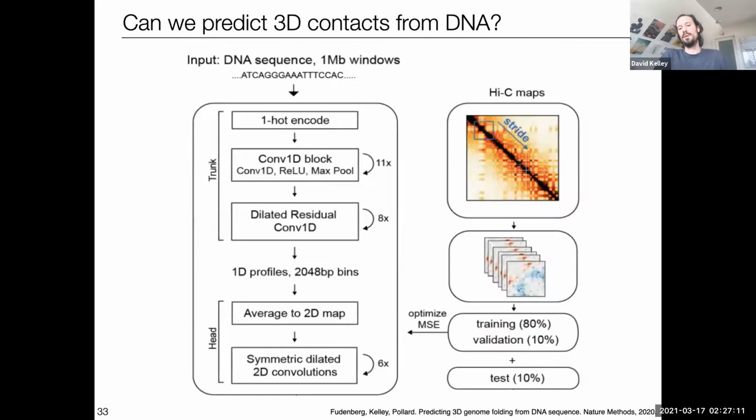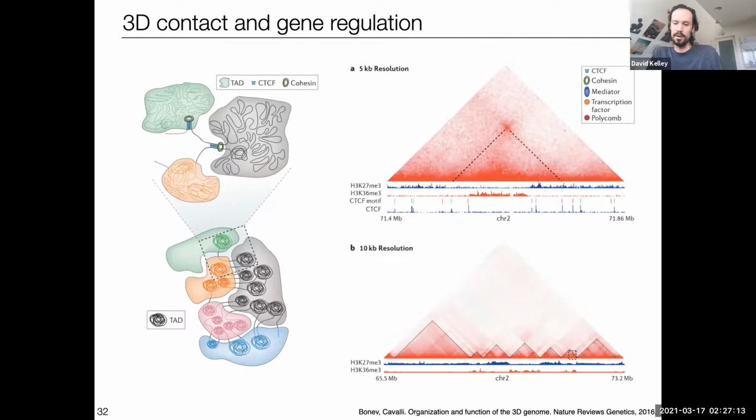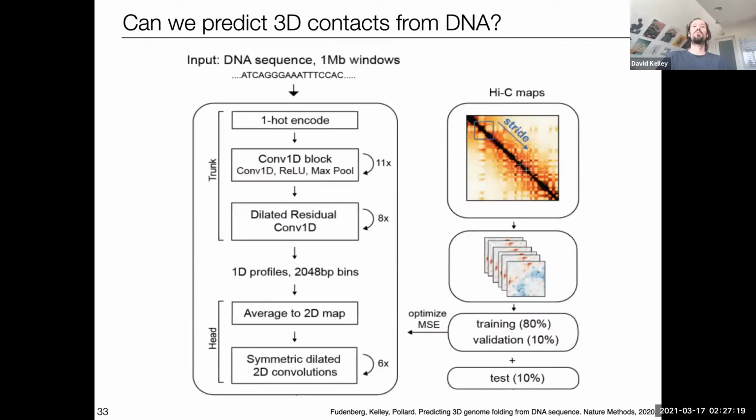So the question I had with collaborators who've been really working intensely with Hi-C data and these sorts of models was, can we predict the 3D contacts derived from the Hi-C experiment from the underlying DNA sequence?